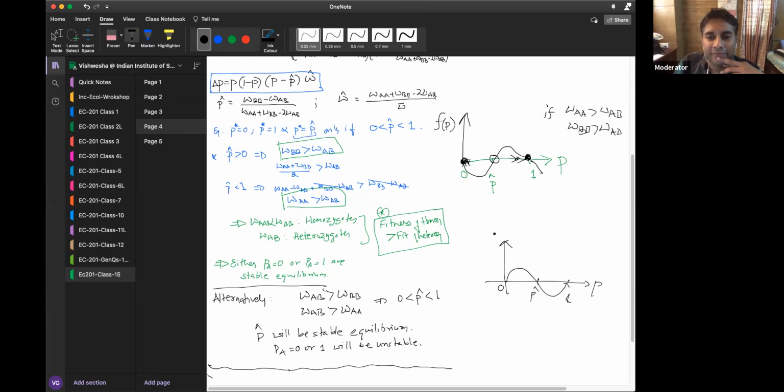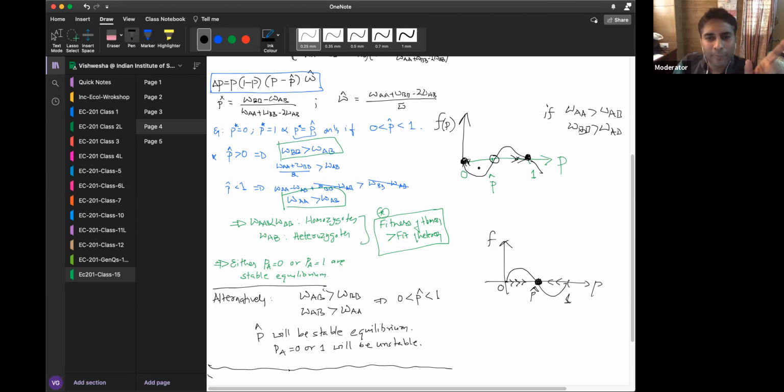This is f, the entire right-hand side here. What you will note is that any perturbation from 0 will grow, and any perturbation below 1 will also come back. Therefore this is the stable equilibrium, which means heterozygosity is the stable equilibrium.